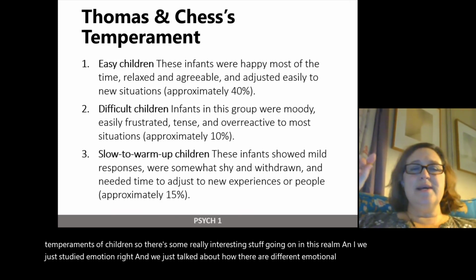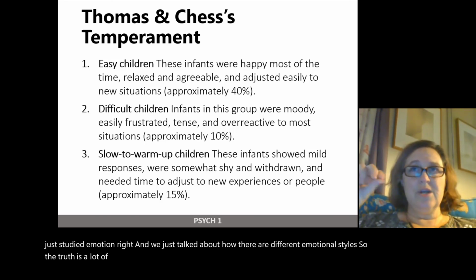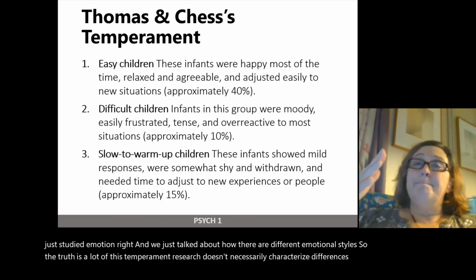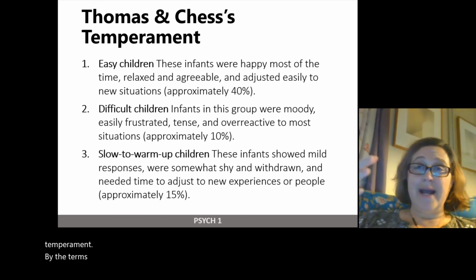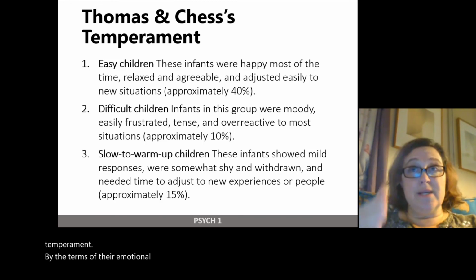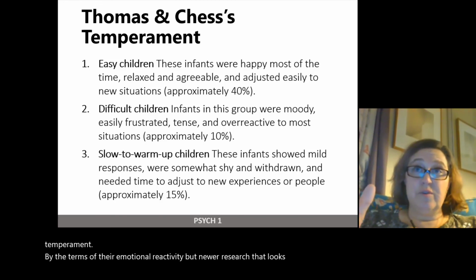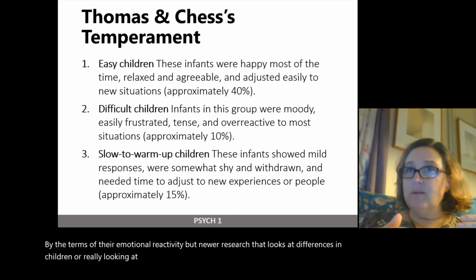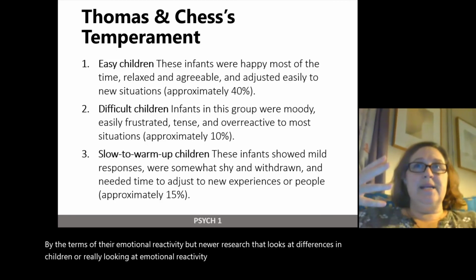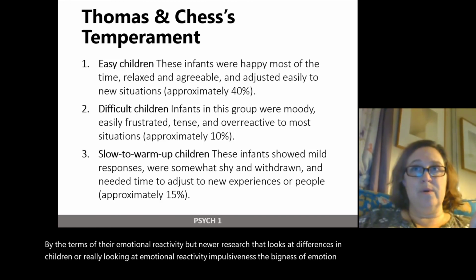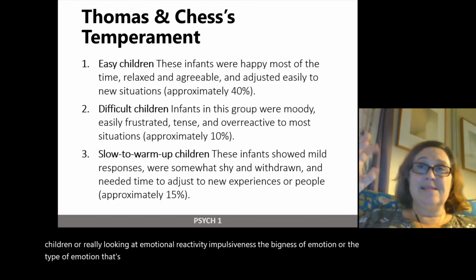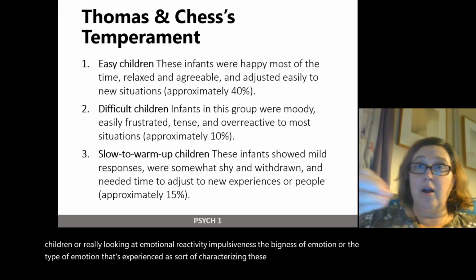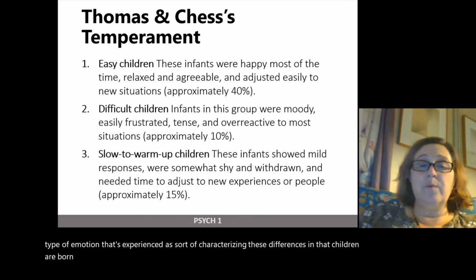So the truth is, a lot of this temperament research doesn't necessarily characterize differences in temperament in terms of emotional reactivity, but newer research that looks at differences in children is really looking at emotional reactivity, impulsiveness, the bigness of emotion, or the type of emotion experienced, as characterizing these differences that children are born with, that we believe they're born with.